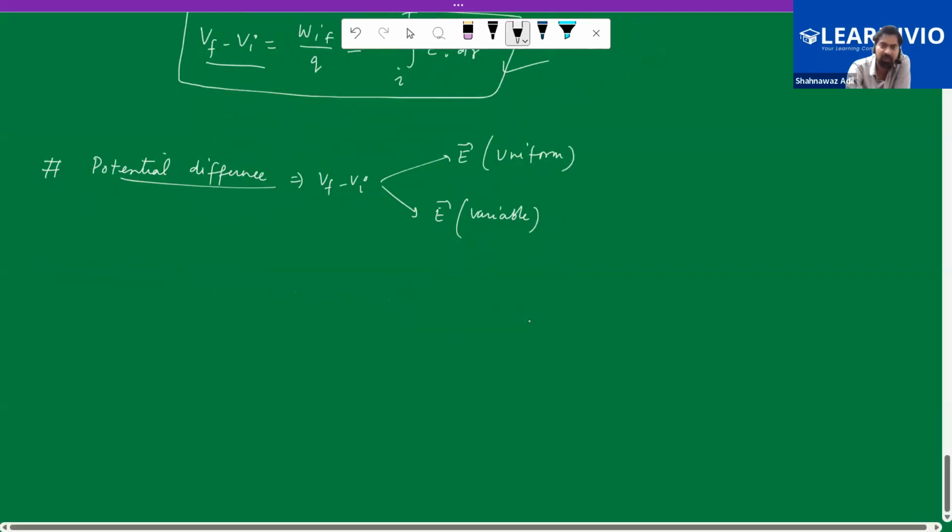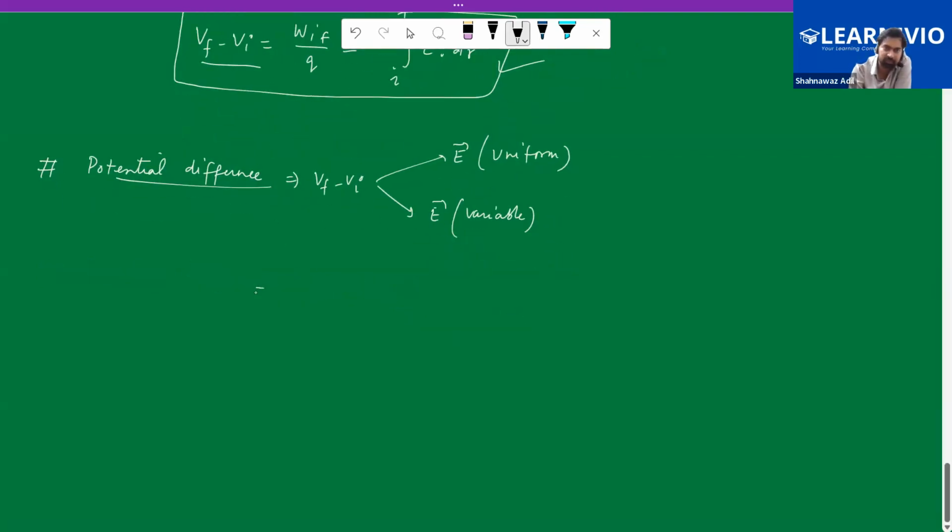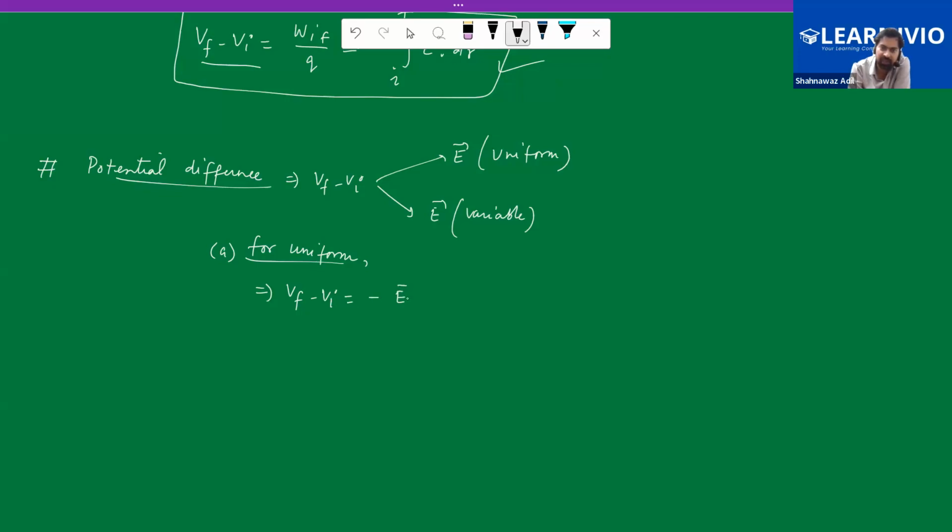So for uniform, this would be V final minus V initial, which is minus E dot (r final minus r initial). So that is the potential difference for uniform electric field.